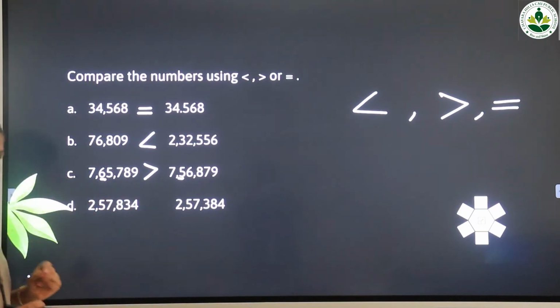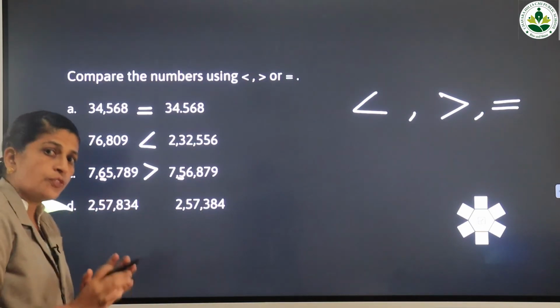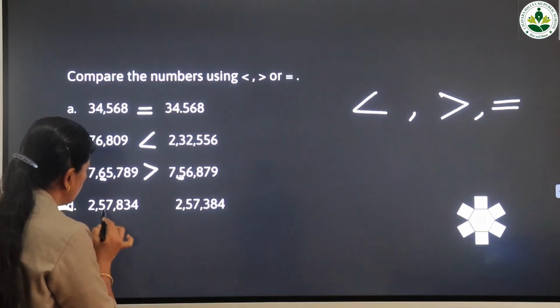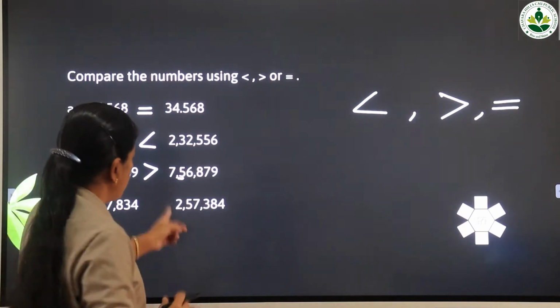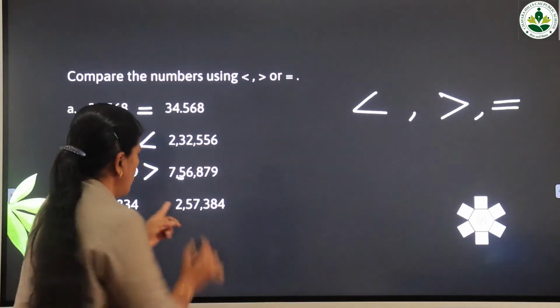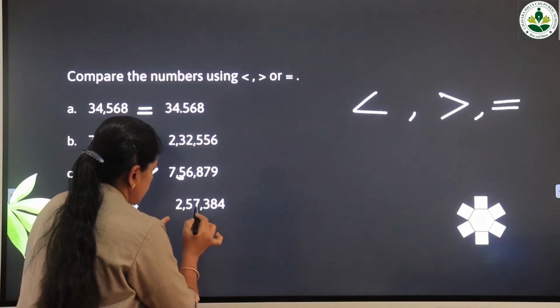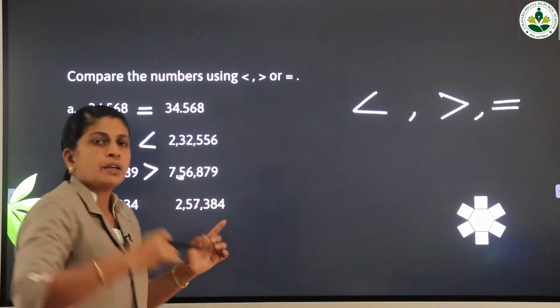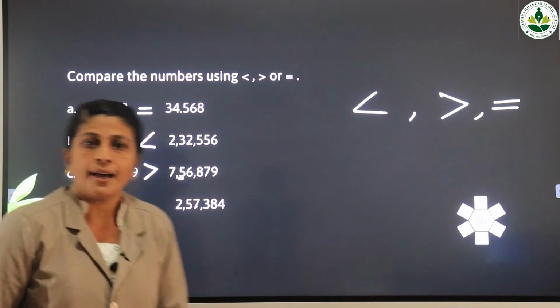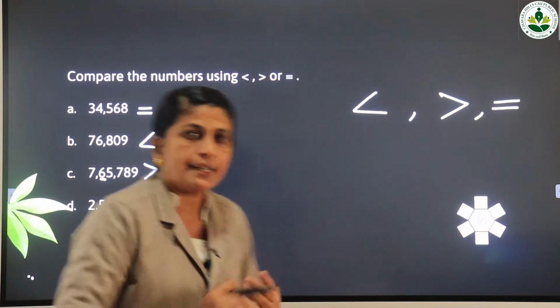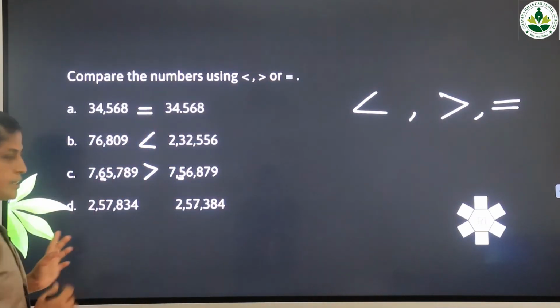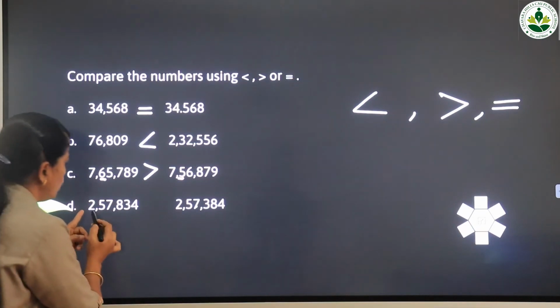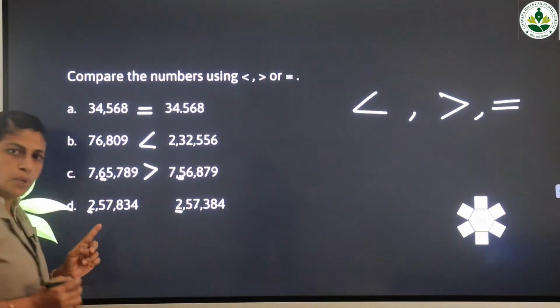Then one more number is here. Look at the numbers. First count the number of digits. 1, 2, 3, 4, 5, 6. There are 6 digits in the first number. And 1, 2, 3, 4, 5, 6, so in the second number also there are 6 digits. Therefore, compare the digits in both numbers. The first digit from the leftmost place is 2 in both numbers. Both are the same.